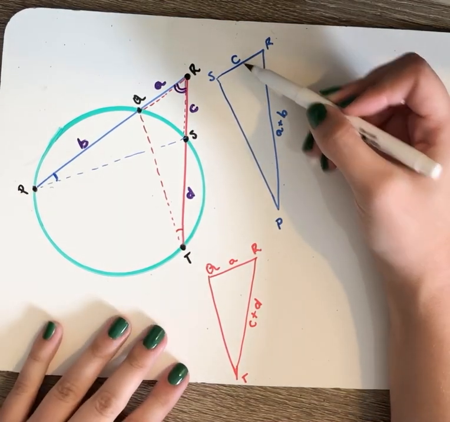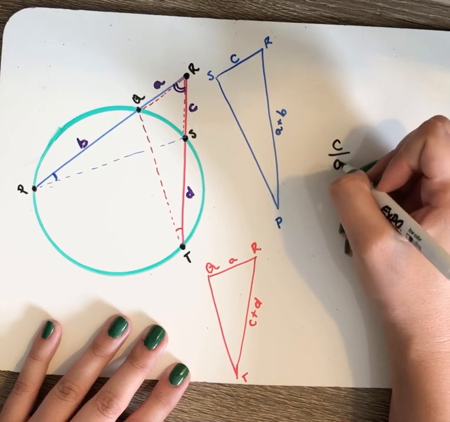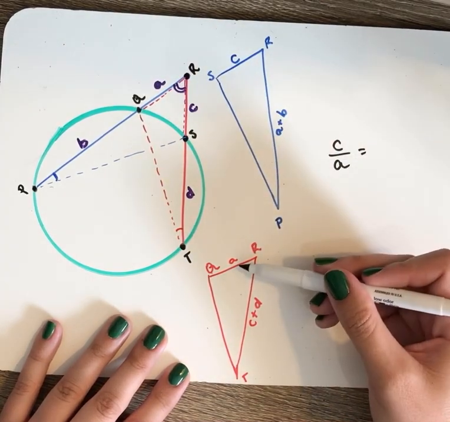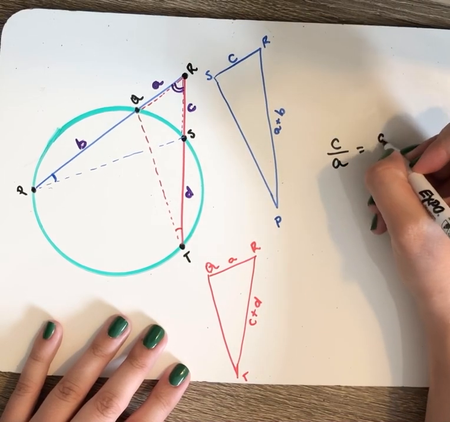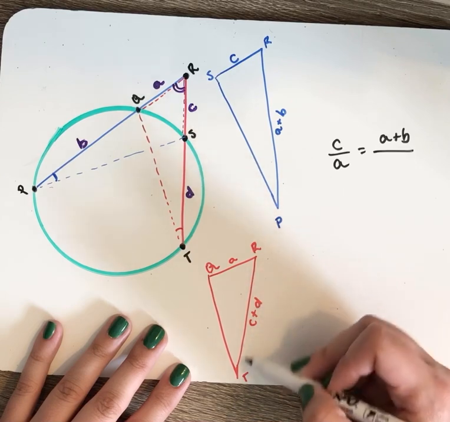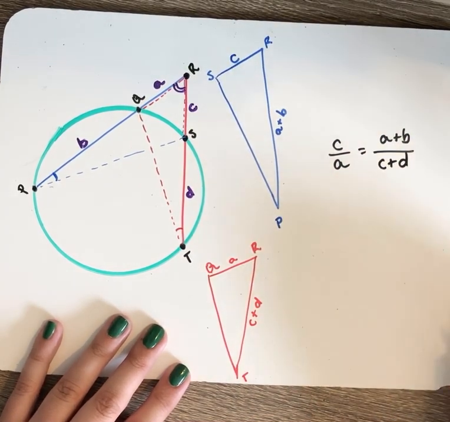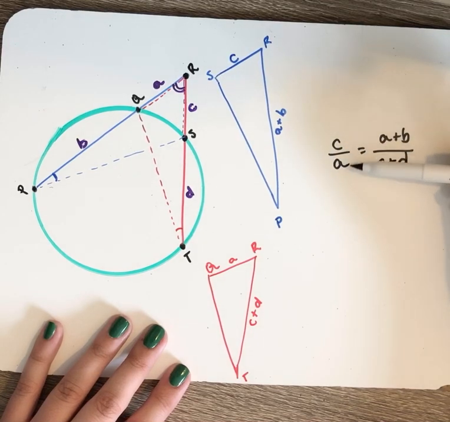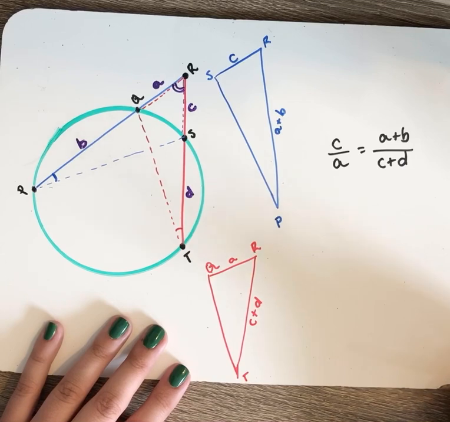So segment C corresponds with segment length A. So I could do C over A is equal to, I'm going to go back to the blue triangle, that would be equal to A plus B over that corresponding side down here has a length of C plus D. So I've just set up the corresponding lengths for two sets of sides here.